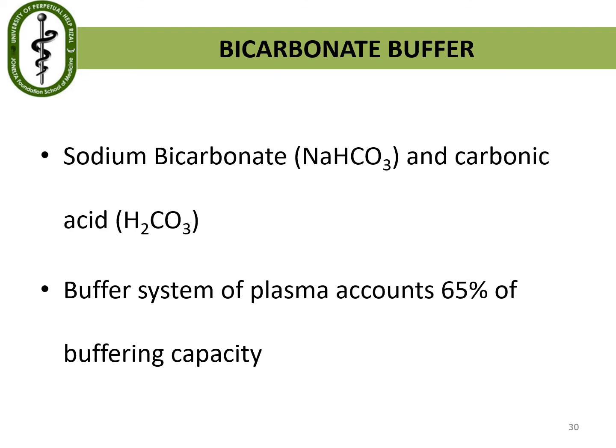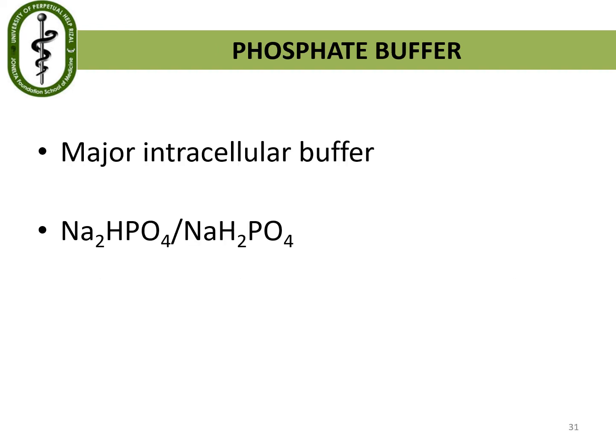For the bicarbonate buffer, we have sodium bicarbonate and carbonic acid. The bicarbonate buffer system accounts for around 65% of the plasma buffering capacity. And you have the phosphate buffer, which is the major intracellular buffer.